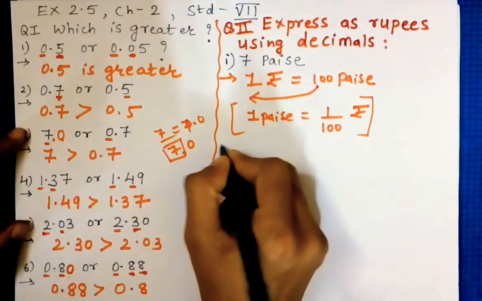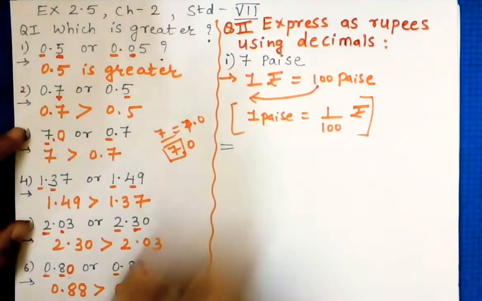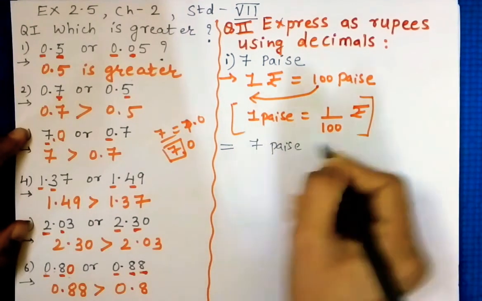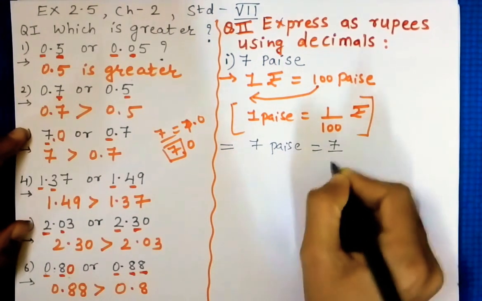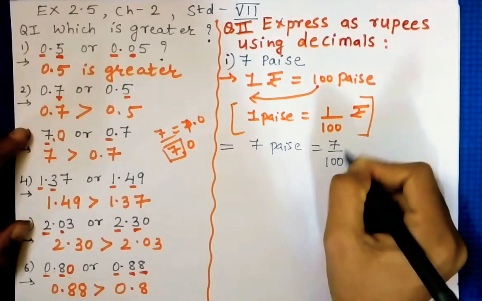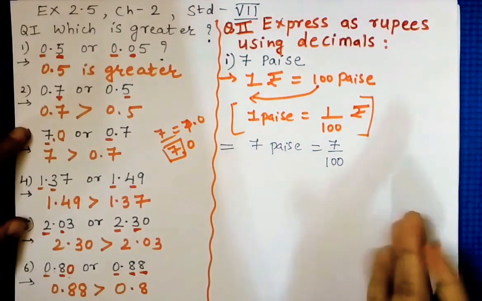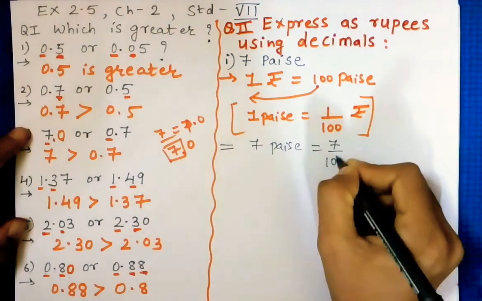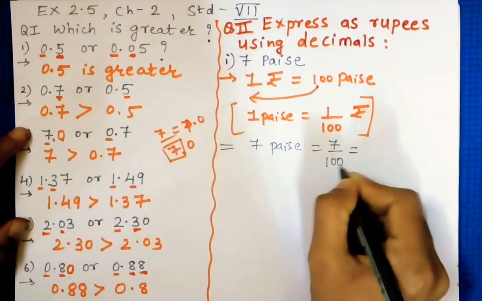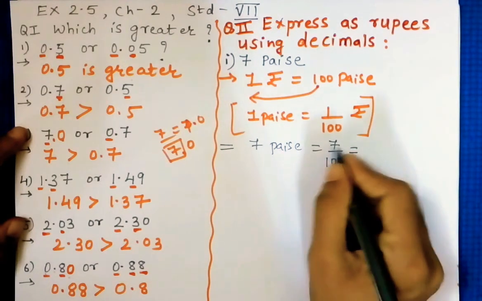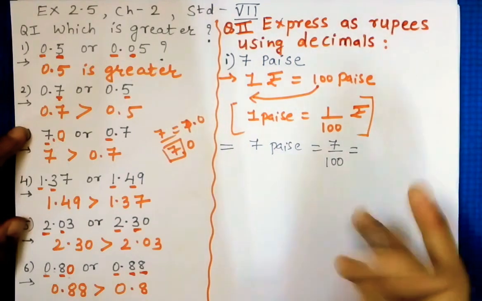So 7 paise is our question. 7 paise means 7 upon 100. We have to divide by 100 because from paise we are going into rupees. So 7 upon 100. Now 100 is given, means 2 zeros are given. So we have to put the point after 2 digits. This is a fraction and we have to get the answer in decimal.